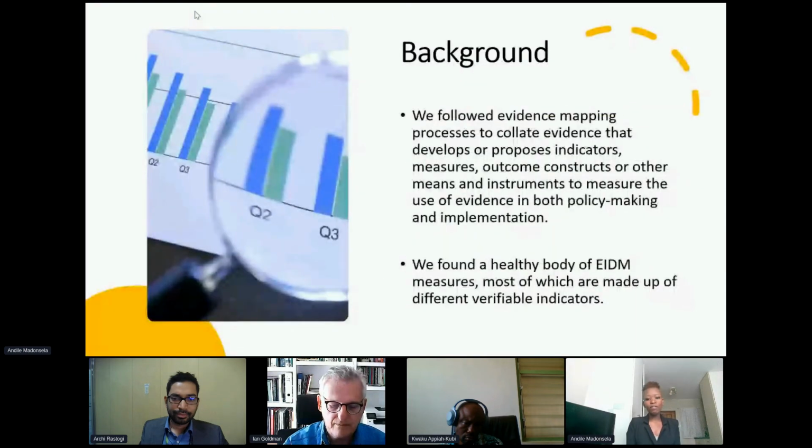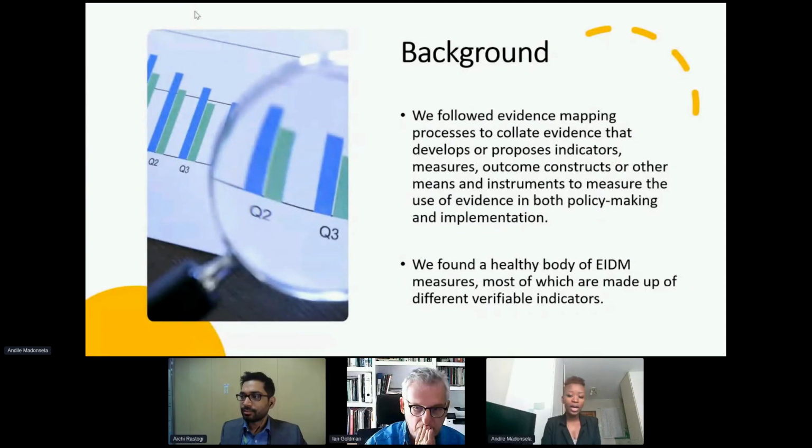So we therefore followed evidence mapping processes to collate evidence that develops measures which can be used to assess the use of evidence in both policy making and in implementation. We found a healthy body of EIDM measures, most of which are made up of different verifiable indicators.